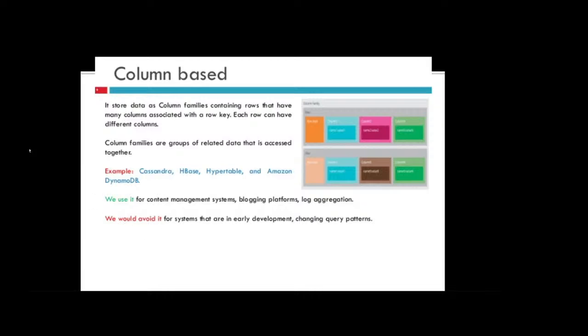with changing query patterns. So basically in this column based type, let us consider these as two rows here, each with different types of columns. This has three columns, which again has some other different type of data inside there.